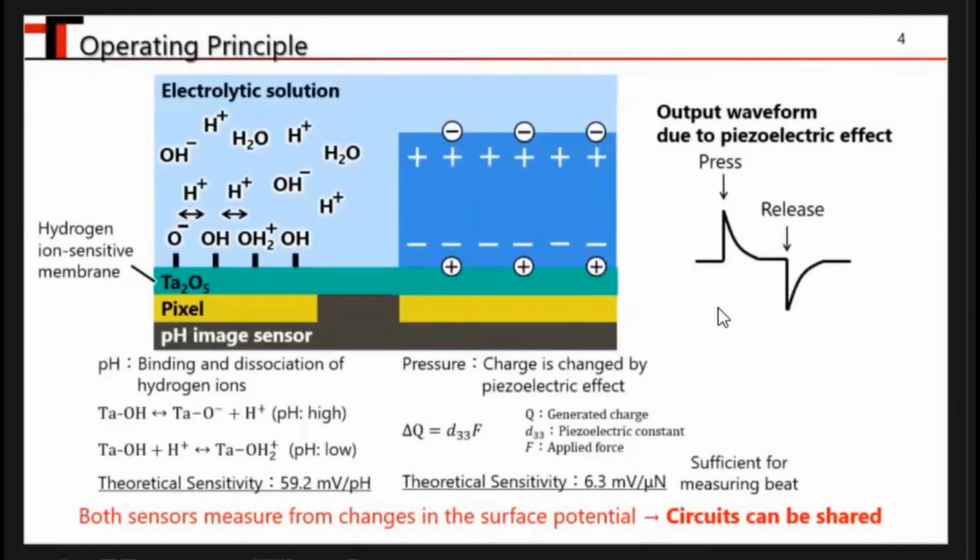Going back, both sensors measure pH and pressure from changes in the surface potential. So the two sensors can share the sensing circuit.